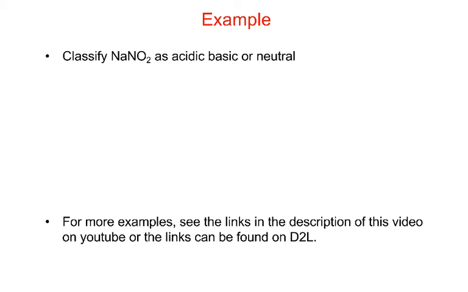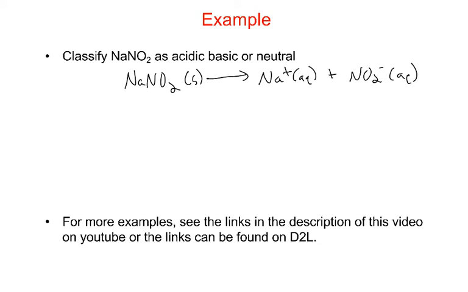All right, so if we look at one example, I want to classify sodium nitrite as being acidic, basic, or neutral. So what I need to do is first decide what ions I have present. I know that I have NaNO2. When I dissolve that in water, it's going to break up into sodium ions and nitrite ions. If I consider the sodium first, it's potentially an acid.